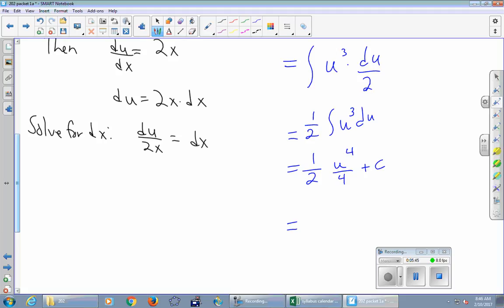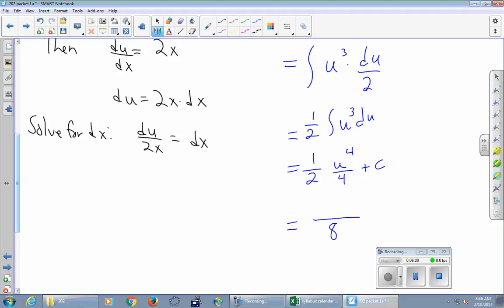Okay, so this answer is fine. I guess we should smush the 2 and the 4 together to make an 8. But if your final answer said u to the 4th, well, that's kind of funny because the original problem had what variable in it? It was x. u is something we invented to make this integral something we could handle.